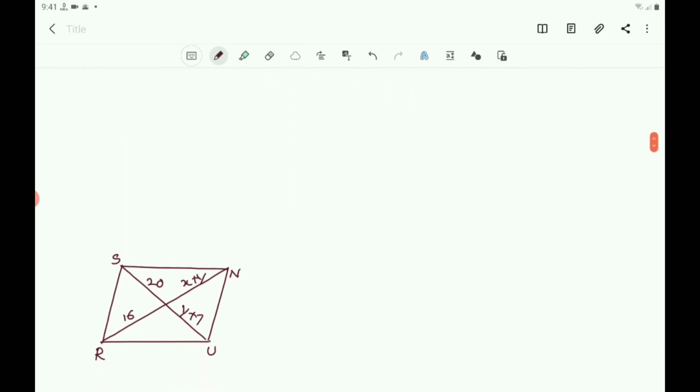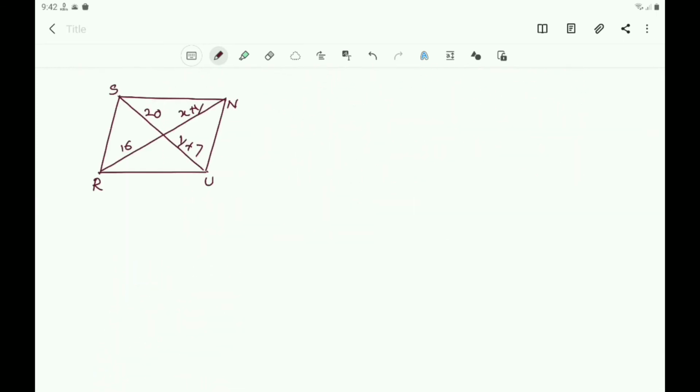Now you take the second figure. Now you come to the second parallelogram RUNS, and here we have to use the property that diagonals of a parallelogram bisect each other. One diagonal bisects the other diagonal. Here the diagonals RN and SU.